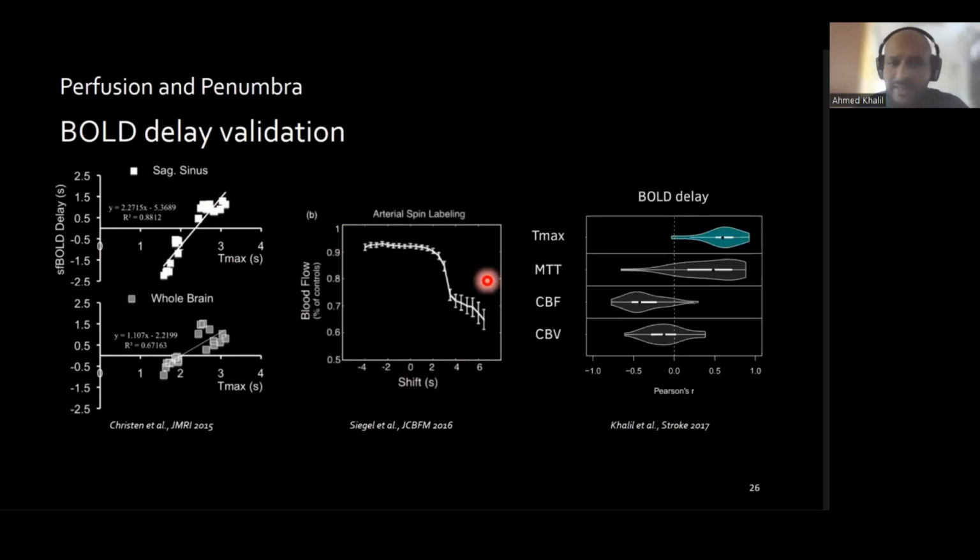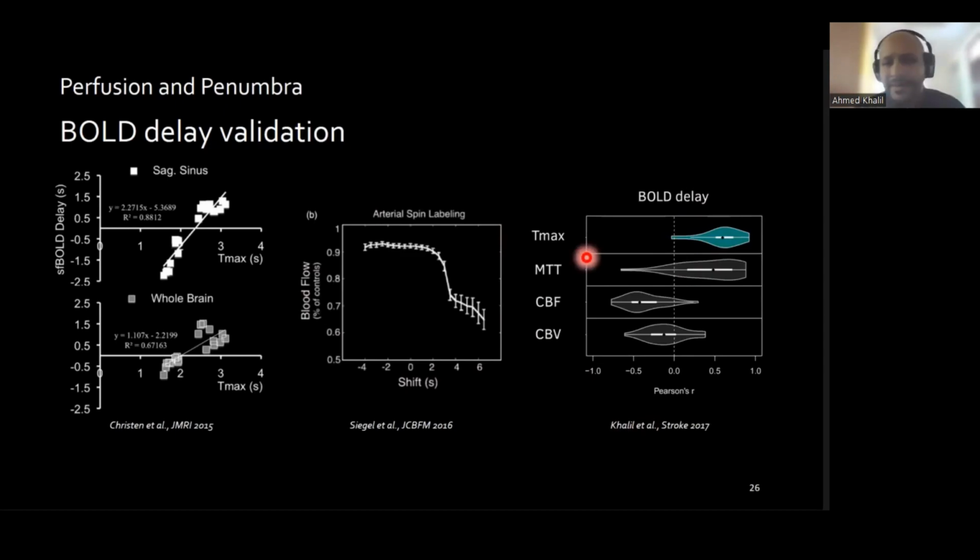And then we did the same about 5 or 6 years ago, comparing bold delay to a bunch of different perfusion parameters derived from DSC MRI, and found that you actually get the highest correlation when you compare bold delay to time to maximum from DSC. So this showed that it's a perfusion parameter that is very sensitive to delays, right?